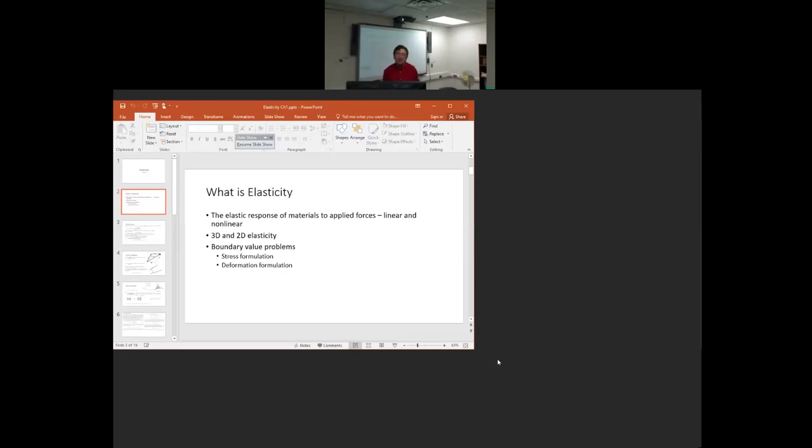We are going to describe the mathematics that are tools which we are going to use to solve 3D or 2D elasticity problems. There are not too many 3D problems that we can solve. We will solve only a few. We'll show how to do it. Mostly they are 2D problems that are useful in elasticity. They are so-called closed form solutions that we are going to discuss how to solve.